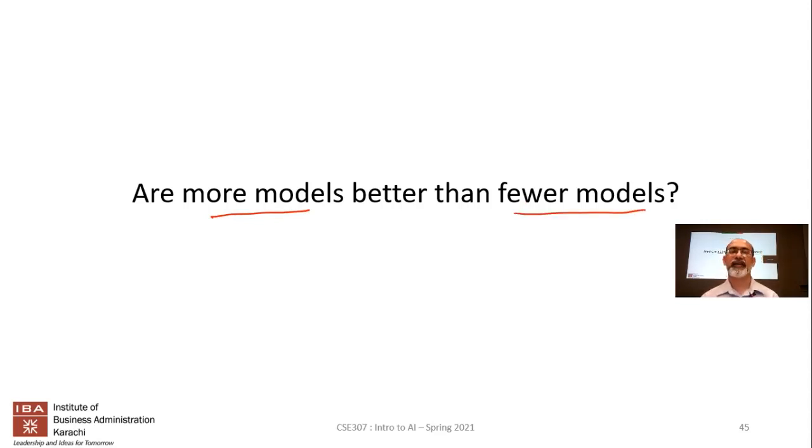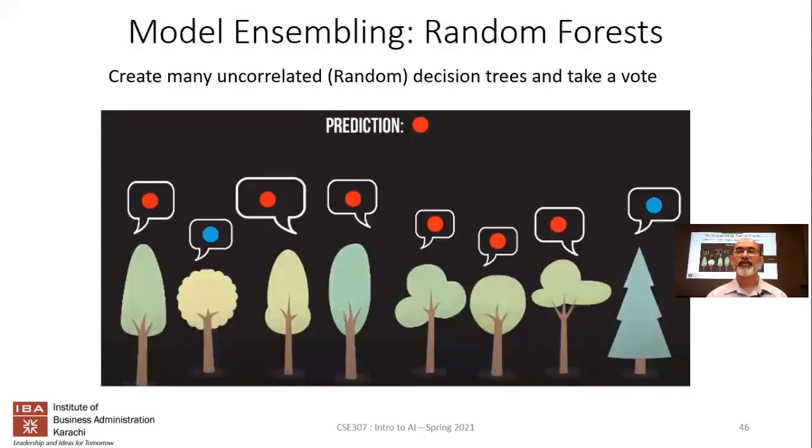So the question that we're asking is, are more models better than fewer models? Okay, so let's say that you take some results versus you take a lot of results. It's not necessarily the amount of data. The amount of data is fixed. Okay, so I'm just going to tell you what ensembling is, so that it explains what we're going to do. What we're going to do is take the same amount of data, but this is a technique called bagging.